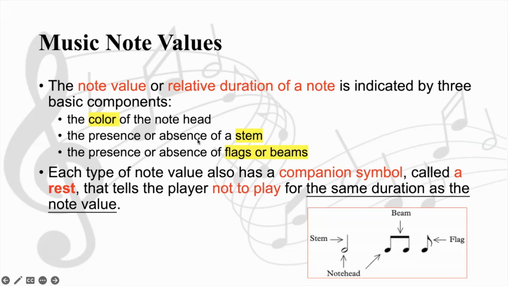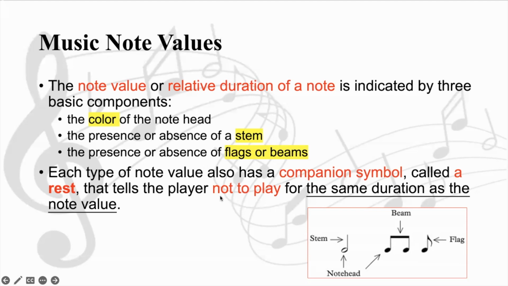Then the presence or absence of a stem, which means this straight line, and also the presence or absence of flags or beams. Here you have the flag and the beam here. These are all eighth notes. They're the same.